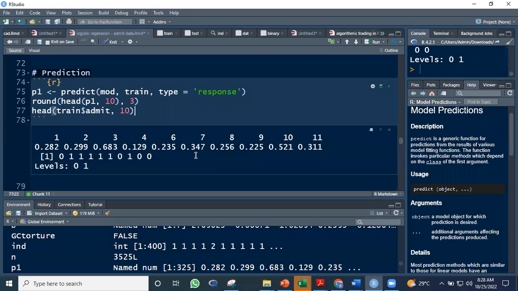So hindi niya na-predict ng tama. Okay? Clear so far, class? Yes, sir. Okay. How about the rest, guys? Clear ba so far yung predictions natin? Okay, good.